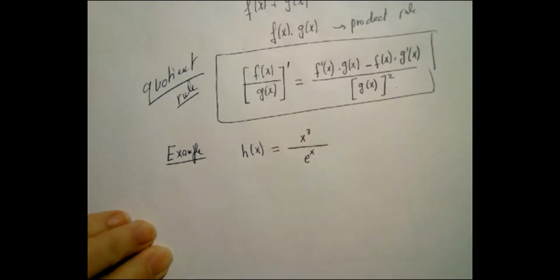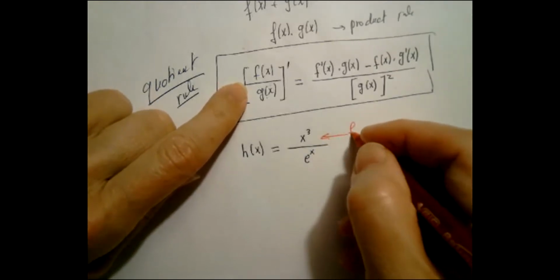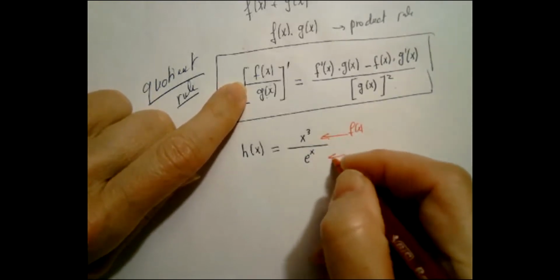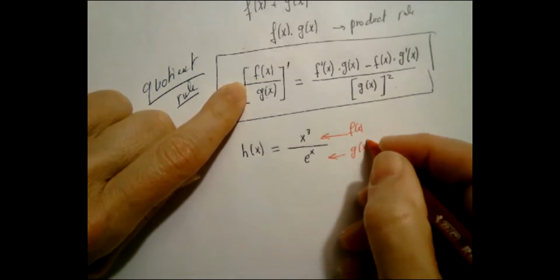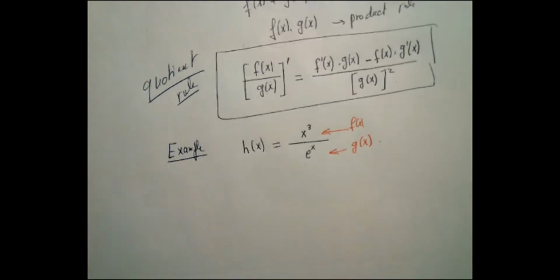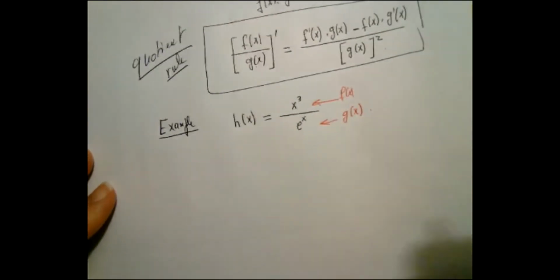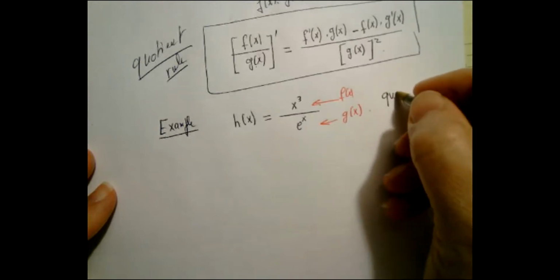Okay, so this is exactly this format. This is my f here, and this is my g. And the question is, find the derivative of this function. That's the quotient rule, so we have to use the quotient rule. There is no way out here.